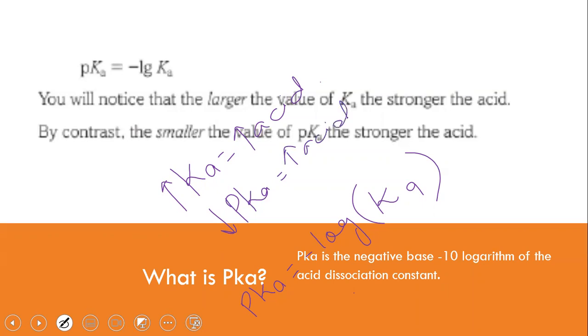So pKa and the strength of the acid have an inverse relationship, but Ka and the strength of the acid have a direct relationship. And to calculate pKa, we will take our acid dissociation constant and take out the negative log of it.